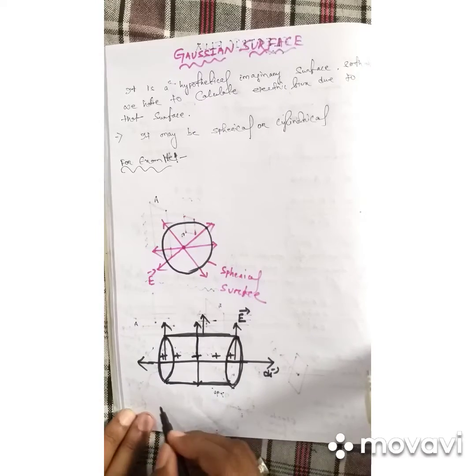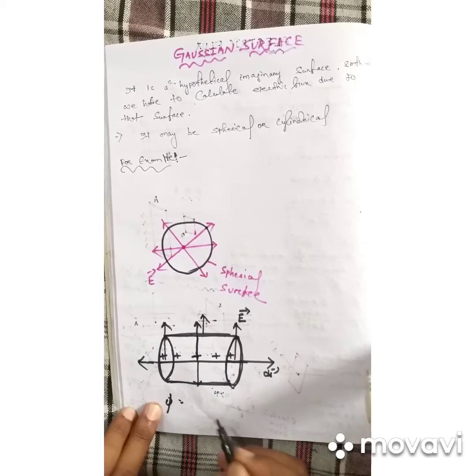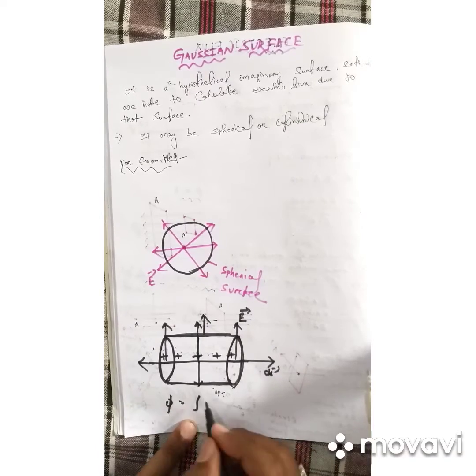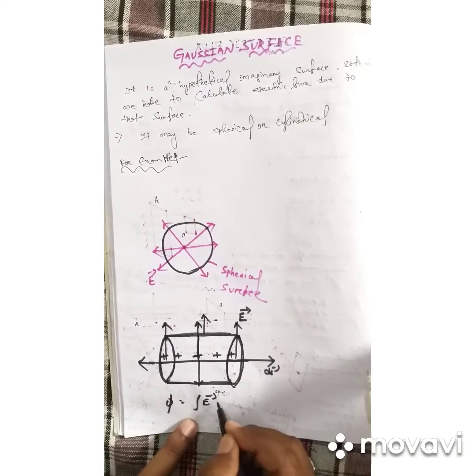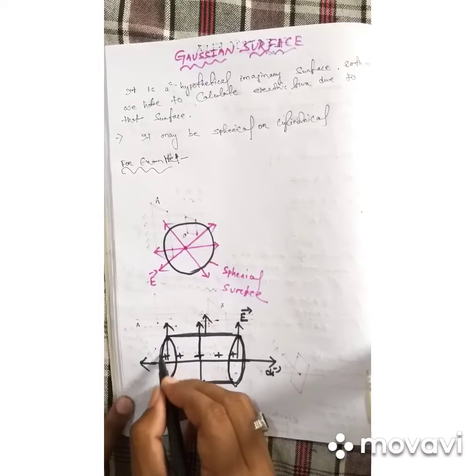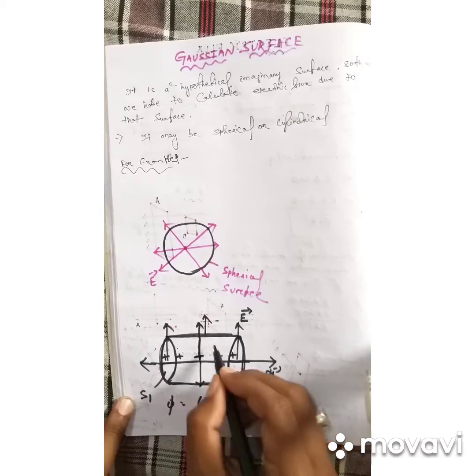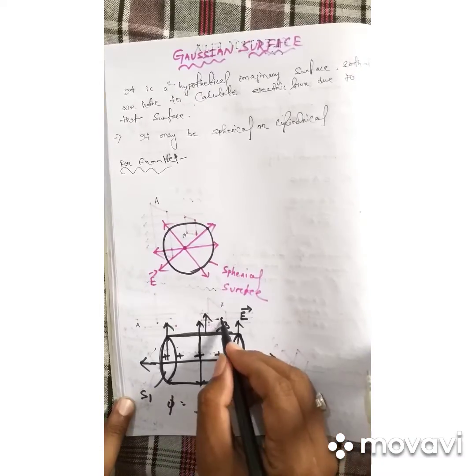So the net electric flux phi can be represented as, we know, the surface integral of E vector dot ds1 vector for the first surface, s1, this is the second surface, and this one is the third surface, s3.